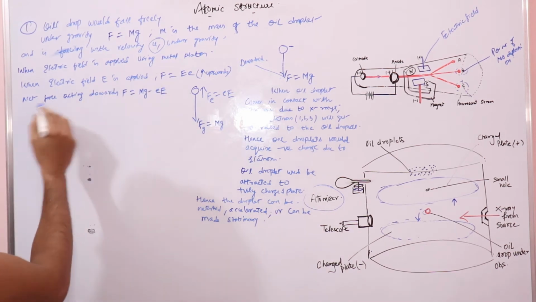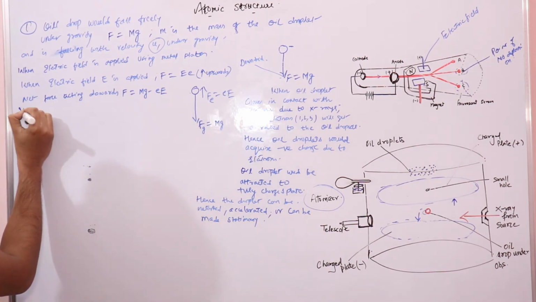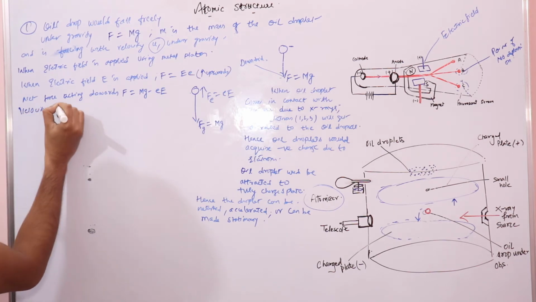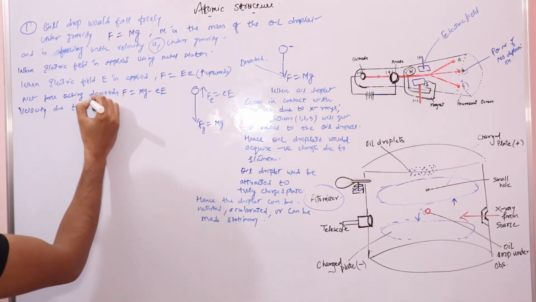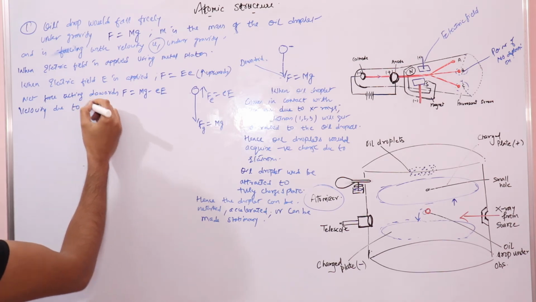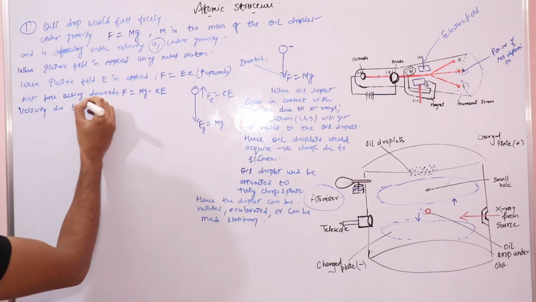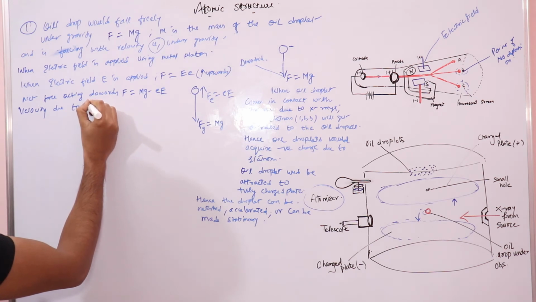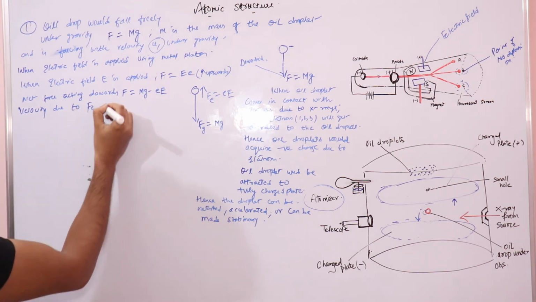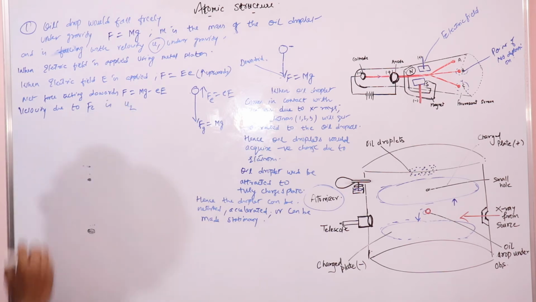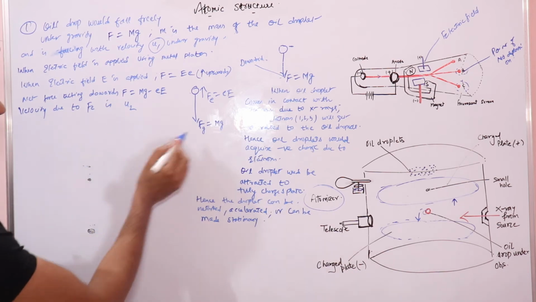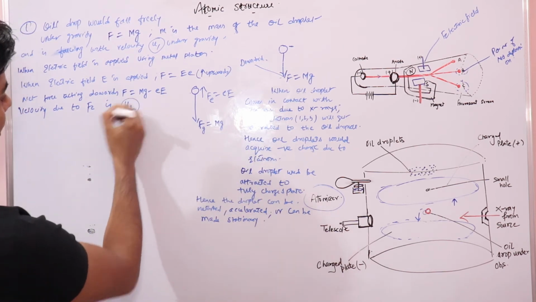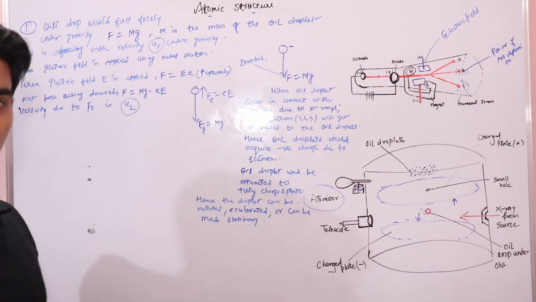The velocity due to the force due to the electric field is, let's say, u2. So when the electric field is applied, the velocity of this oil droplet would change to u2, right?